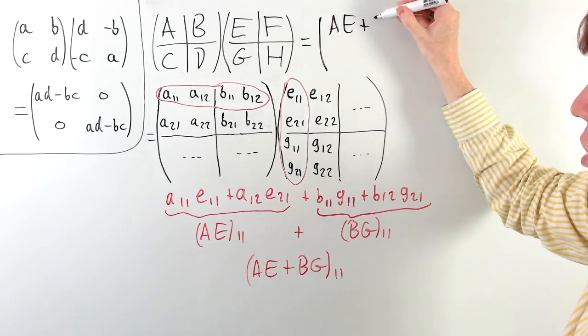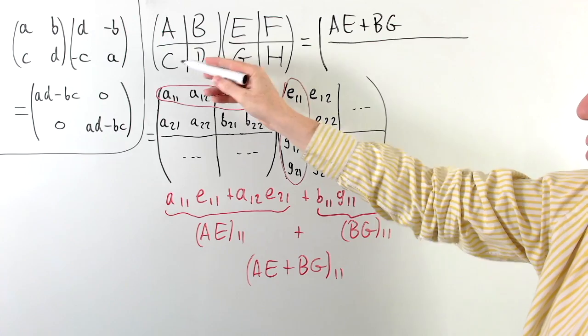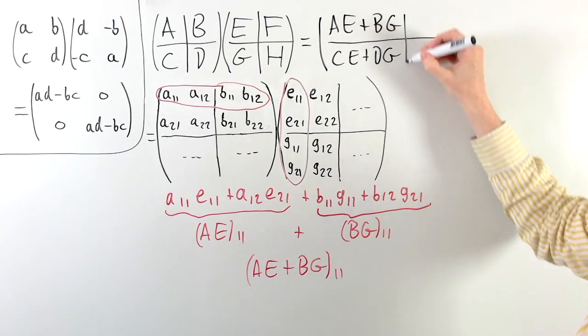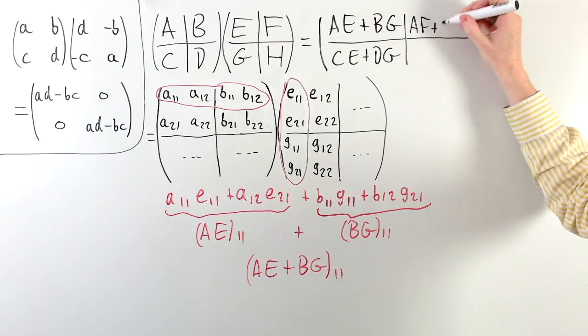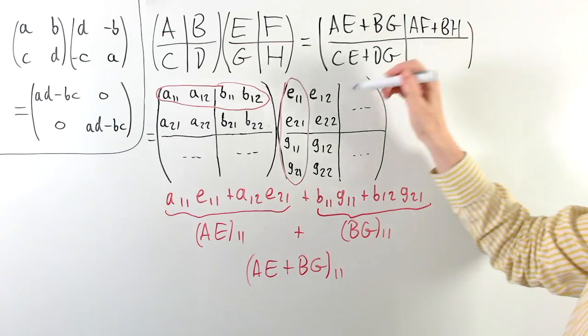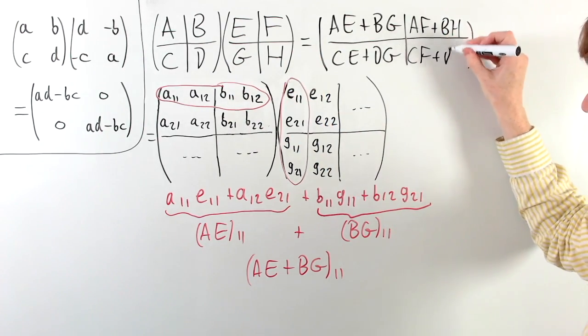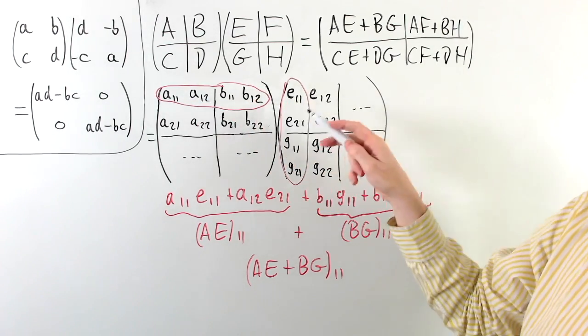So the multiplication is really just like with a regular matrix, and in the bottom left we'll have CE plus DG, and similarly for the top right AF plus BH, and finally in the bottom right we're going to have CF plus DH.